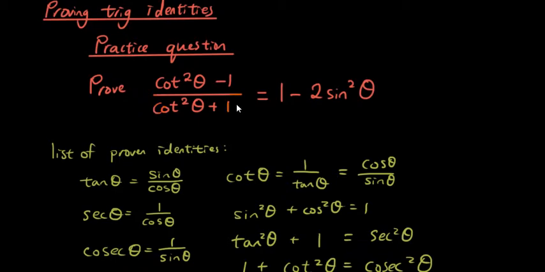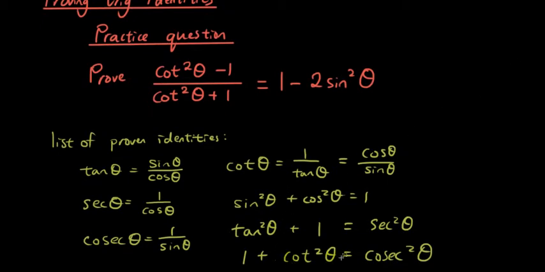Okay, so you can see here that in the question we have cotangent squared theta, and in one of the identities we also have cotangent squared theta. So I'm going to rearrange this identity to make cotangent squared theta the subject.